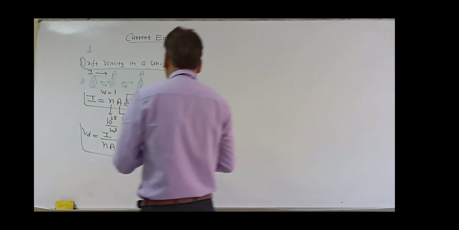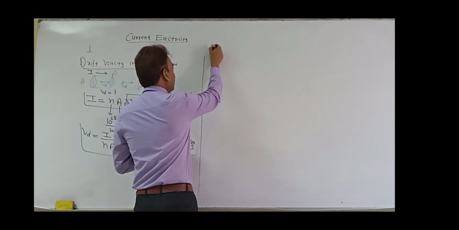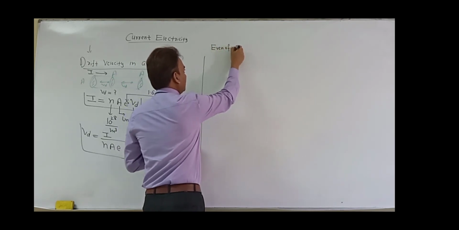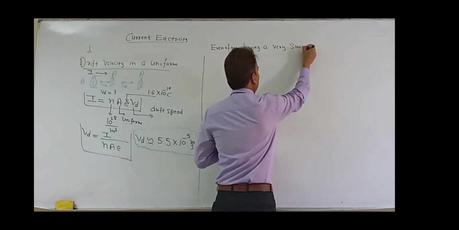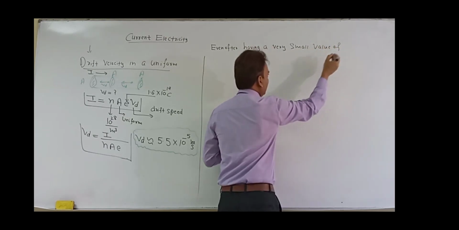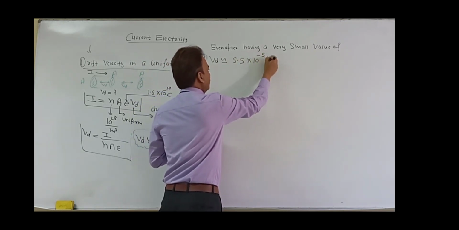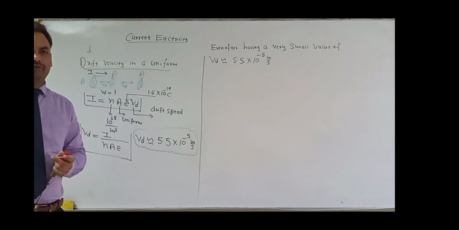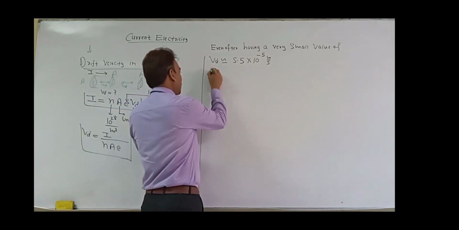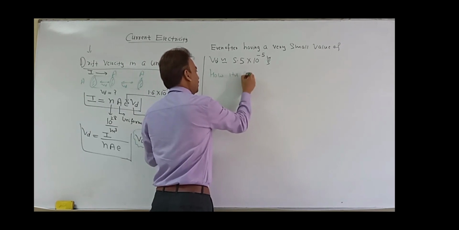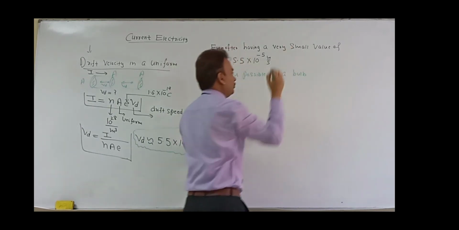So the next question is: even after having a very small value of Vd, which is nearly equal to 5.5 into 10 raised to the power minus 5 meter per second, how is it possible for a bulb to glow instantly?